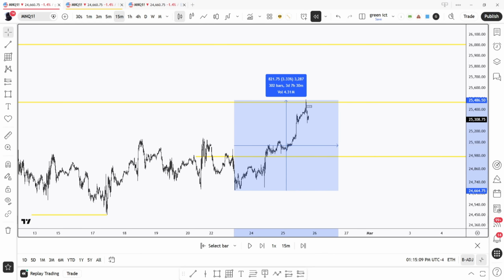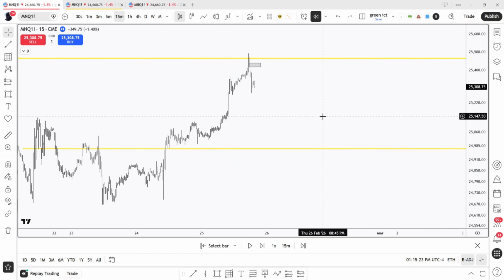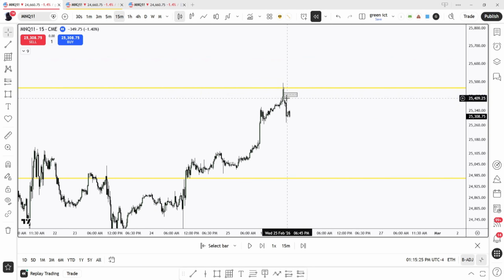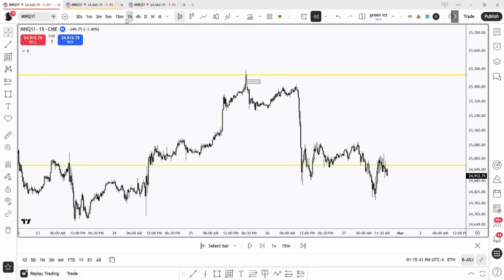Now, keeping in mind that when price trades to extreme outliers, like 820 points is a lot for a week, when price trades back to outliers, you're going to eventually expect some sort of retrace or rebalance. As a result, from this Wednesday afternoon session, from this Wednesday Globex open, you are going to see price come down, and we saw a massive sell move, and we saw that mean reversion play.